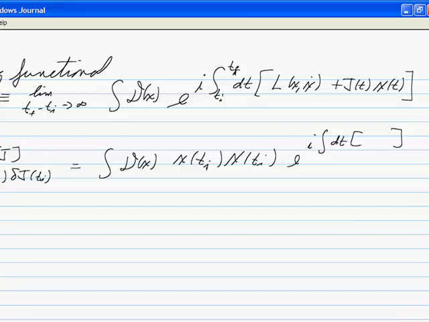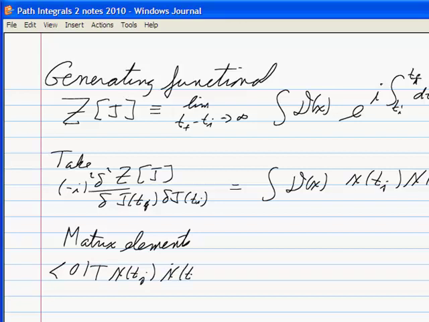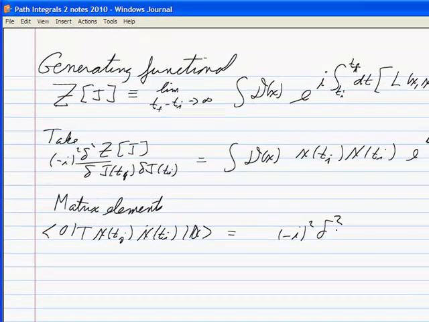Okay, so there are things like matrix elements that can be found. If I wanted the matrix element 0 | x of tj x of ti | 0, you put together all the stuff we've built up there. I take minus i squared, I differentiate Z with respect to j of ti and j of tj.